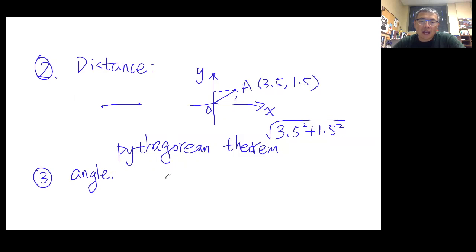Angle is defined, given two lines, as the angle between two lines. When we talk about angle, it always refers to the angle between two lines. Now, in the case of angle, one commonly used unit is the degree.